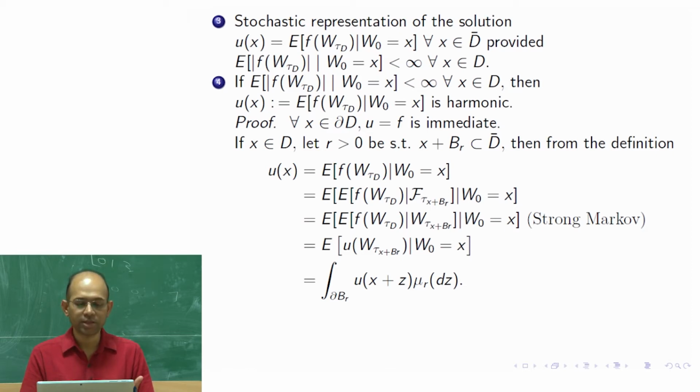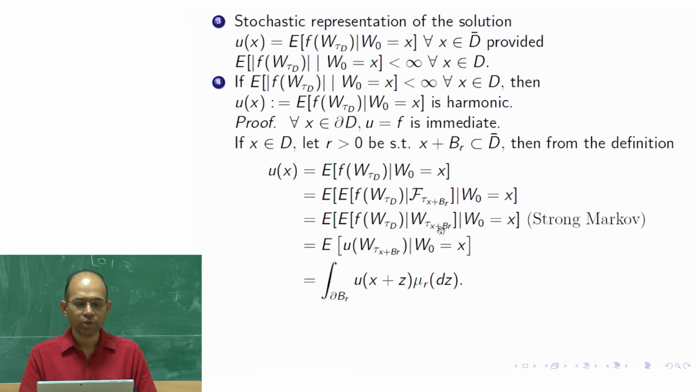Okay, so here this filtration is actually the sigma algebra generated from 0 up to this time, but we are replacing it by just the present one. The present one is W, the Brownian motion, at the time of the stopping time tau. Okay, so now this conditional expectation we look into: expectation of f of W tau D given W at tau, for x plus B_r.